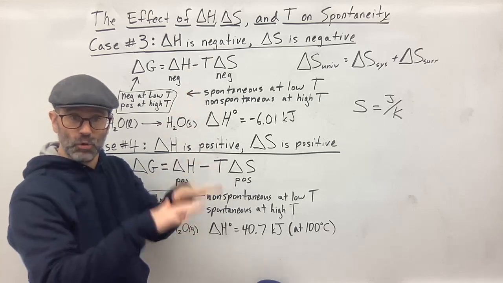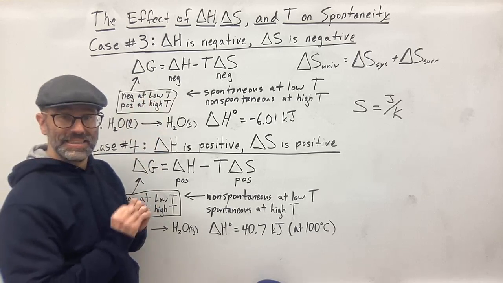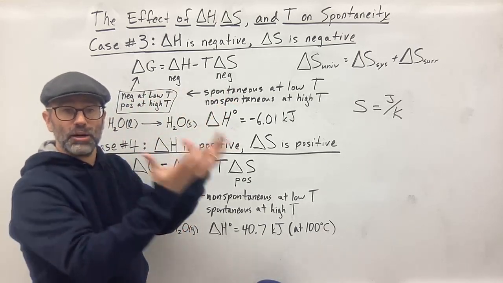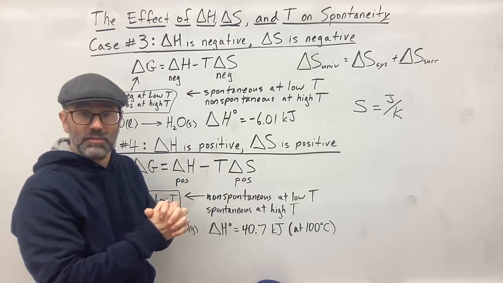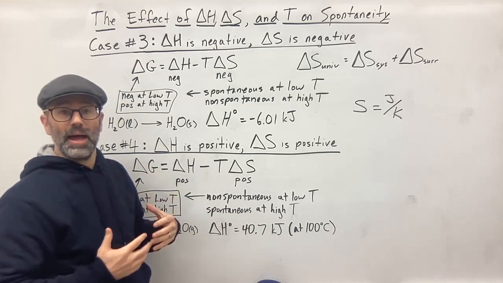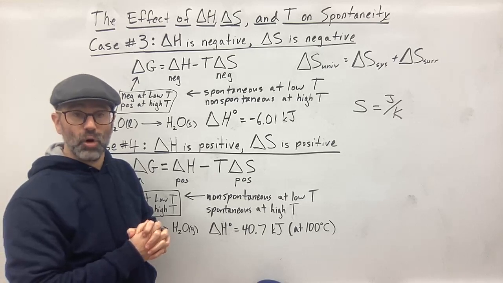So we want low temperature. At low temperature, that emitting of heat into the surroundings is going to have a greater effect on the entropy of the surroundings, and therefore, overall, it's going to increase the entropy of the universe at low temperatures.